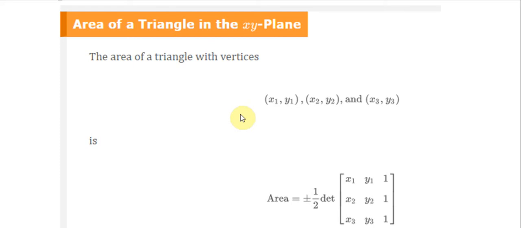We still have more applications here in this section dealing with the determinant. Pretty neat applications, I would say, in terms of being able to take the determinant to find the area for a triangle.